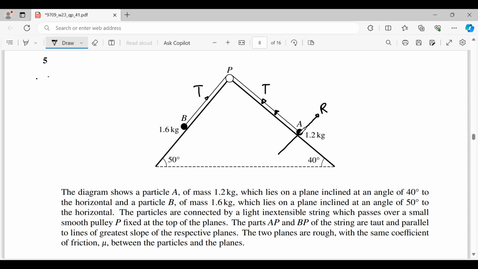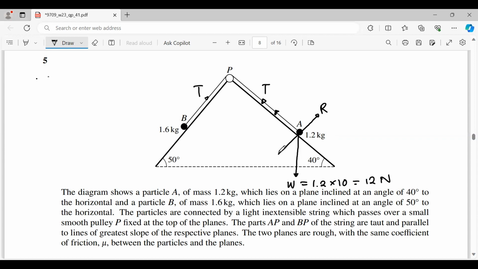If I draw this straight line downwards, the weight is 1.2 times 10, 12 newtons.